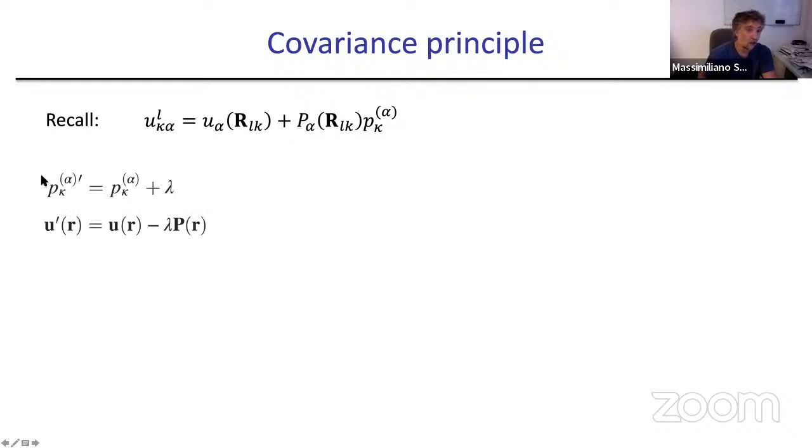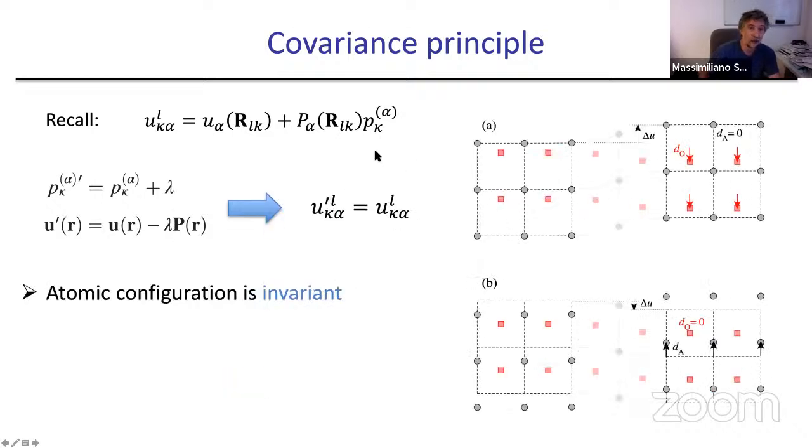If we consider this transformation, which is changing simultaneously the polar distortion pattern and the elastic displacement field by the same parameter lambda, you can plug this into this formula and get that the microscopic distortions are exactly the same.